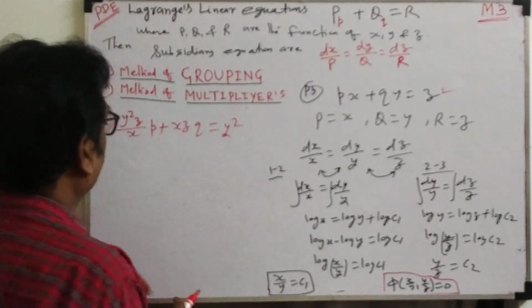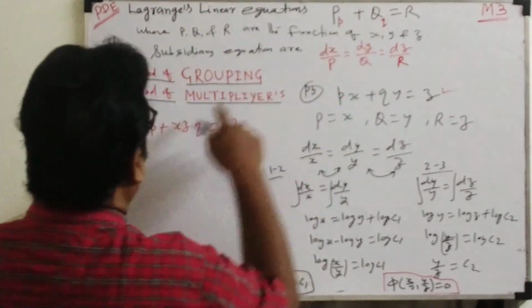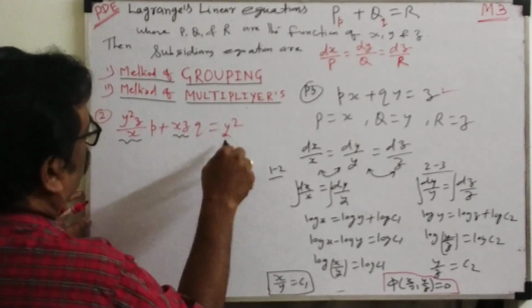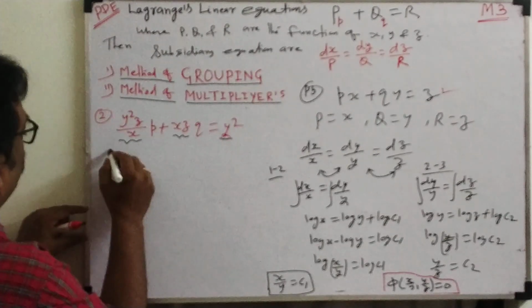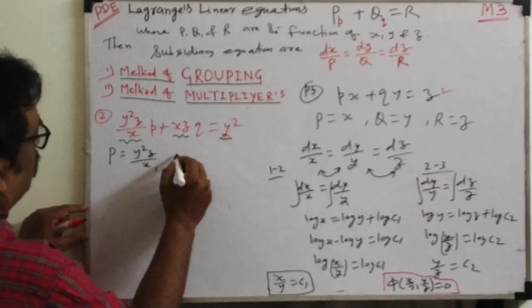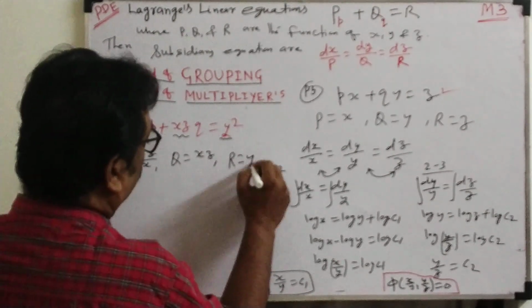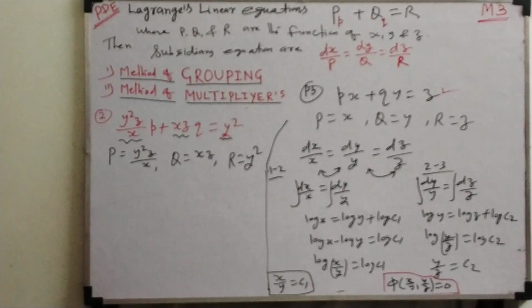They have given it in this format. Again we have to check whether the Lagrange equation format is there or not. This part is p, this part q, this part r. So capital P is y square z by x, capital Q is xz, and R is y square.